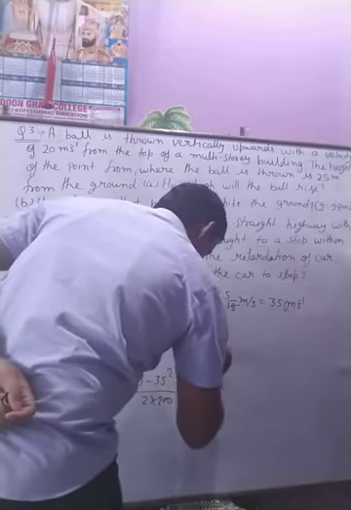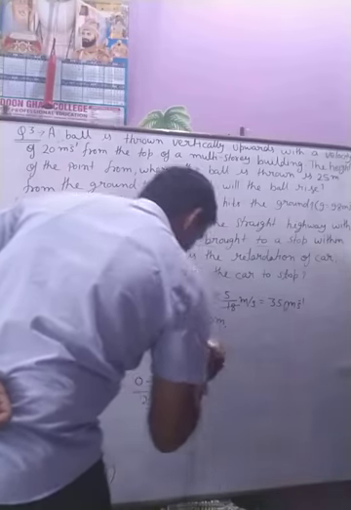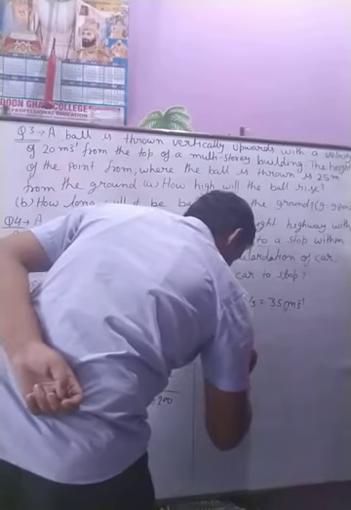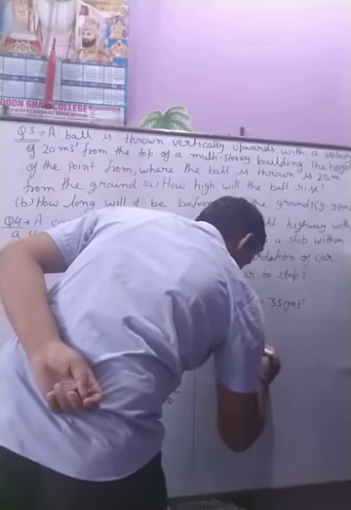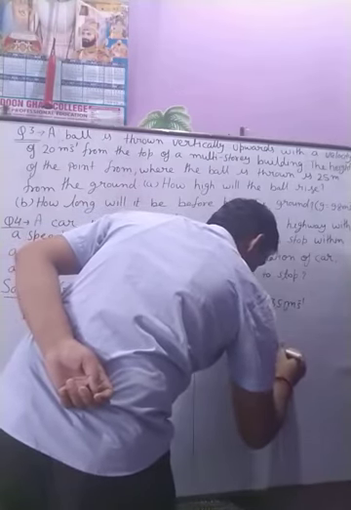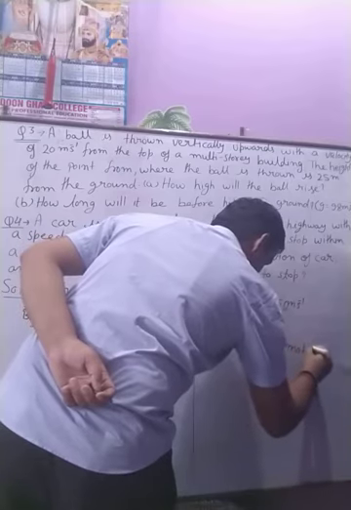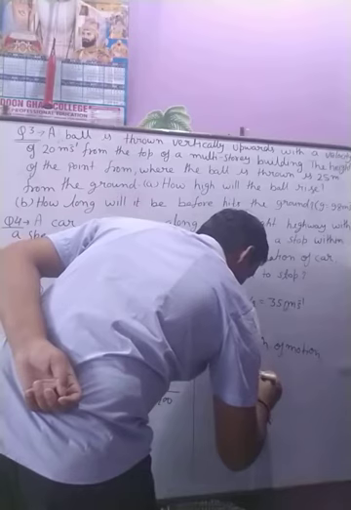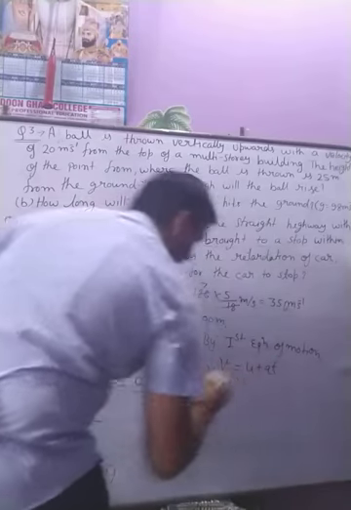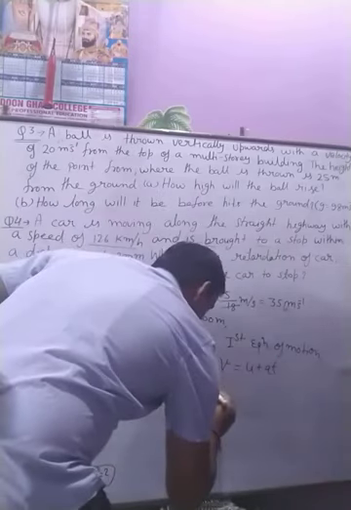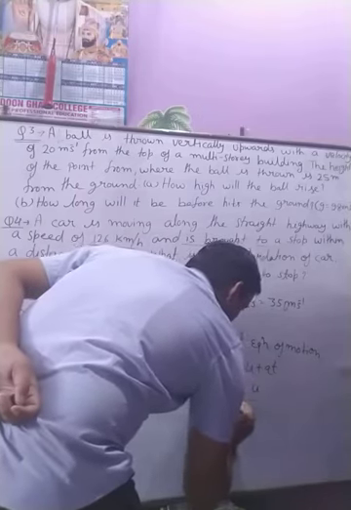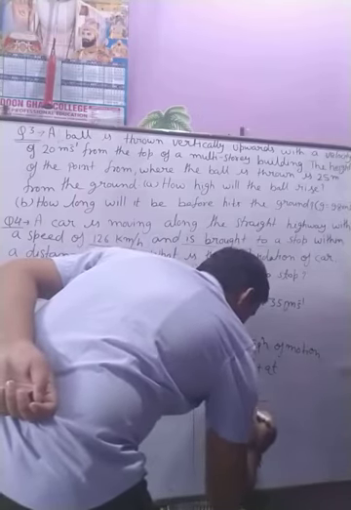Therefore, by first equation of motion, we have v equal to u plus at. Therefore t is equal to v minus u upon a.